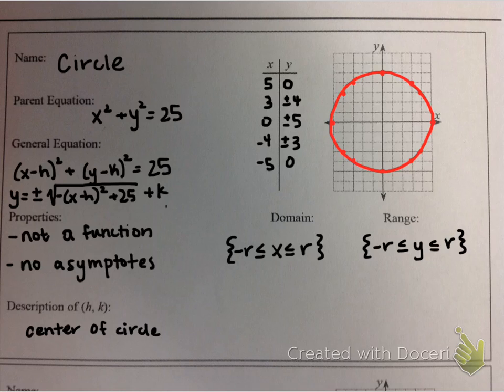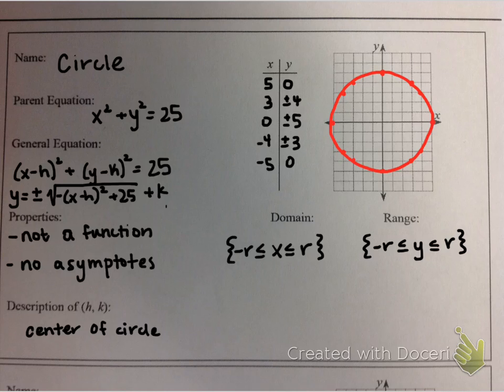Now I talked about that r value a little bit. I'm going to ask you to do something on the next page, so listen carefully. This 25 is actually r squared, my radius squared. So that would mean that to figure out what the radius of my circle is, I take the square root of that number. Okay, so if my number is 25, I take the square root of that, and my radius all the way around the circle is going to be 5.